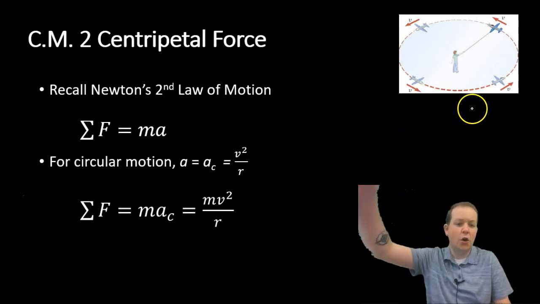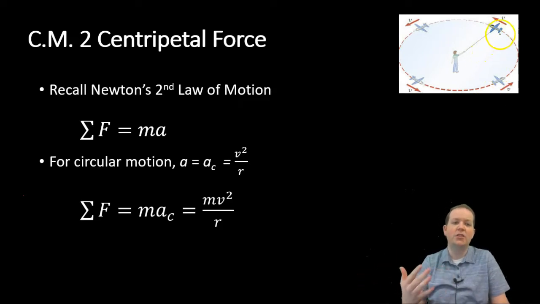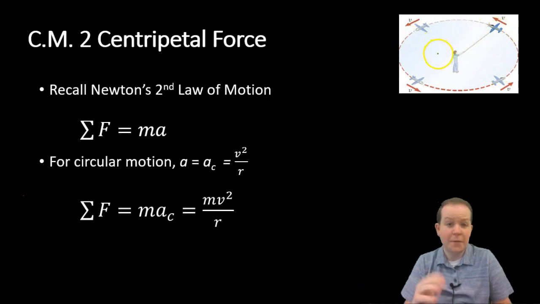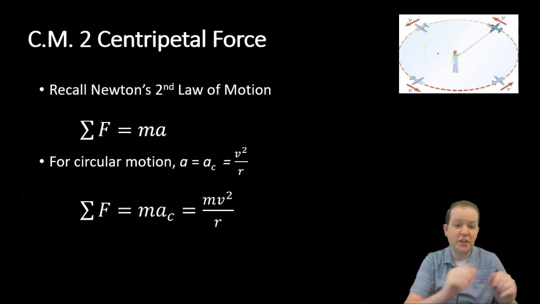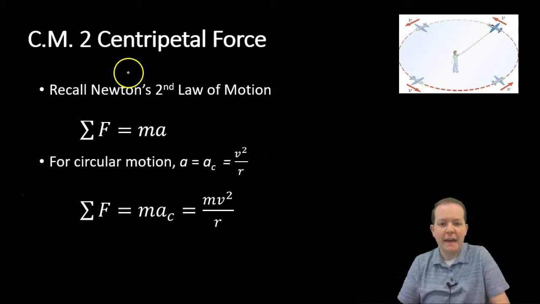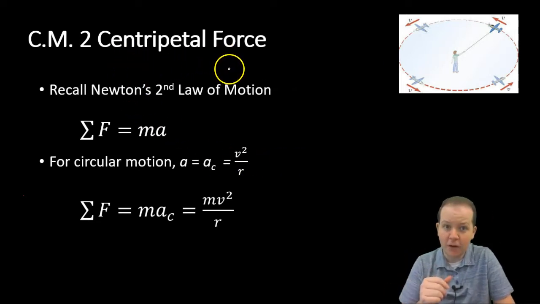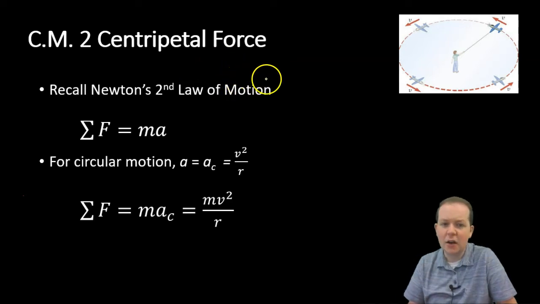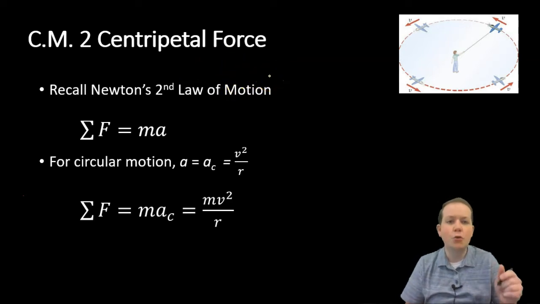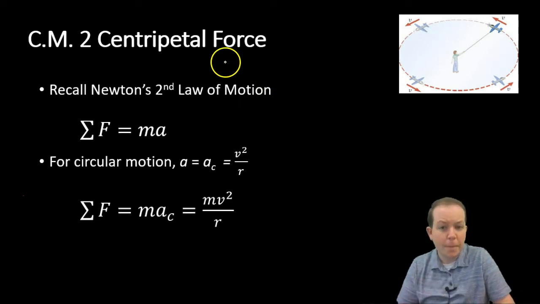Gravity will cause things to arc up and down, and this string must be applying a force to cause it to change direction. The plane's direction is constantly changing, it's constantly accelerating, therefore there must be a force acting on it. That's what we call the centripetal force, this overall net force that's following Newton's second law that causes an object to move in a circle. And another spoiler, it's called centripetal force.